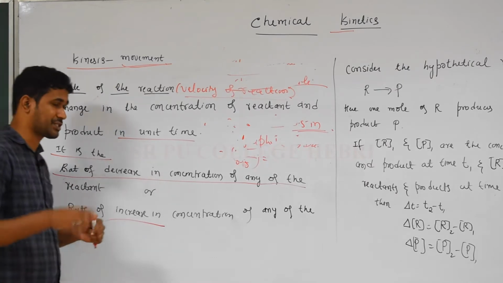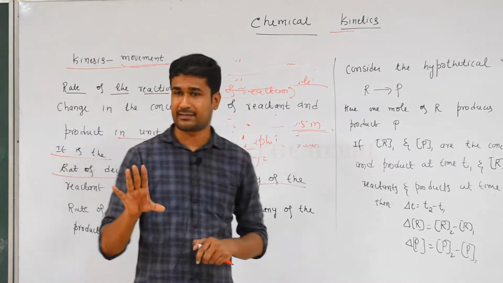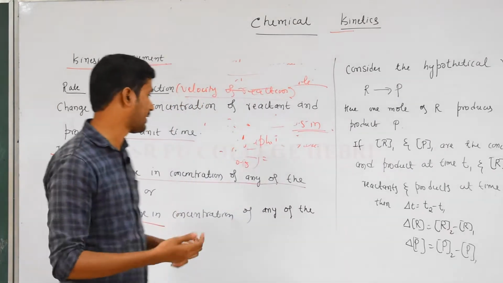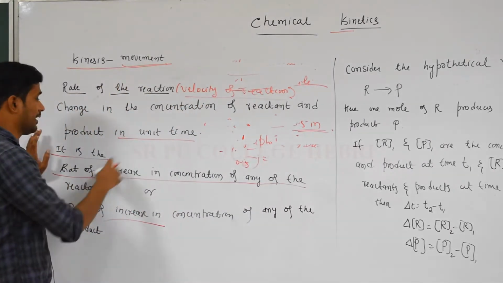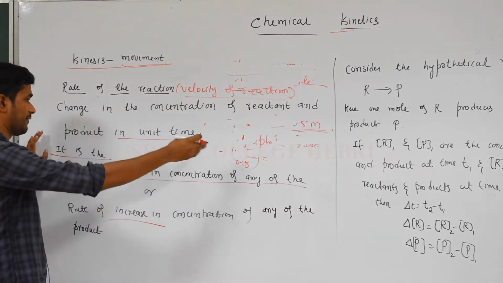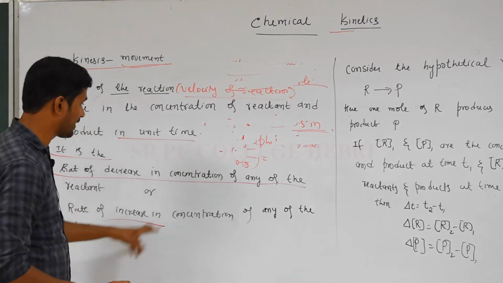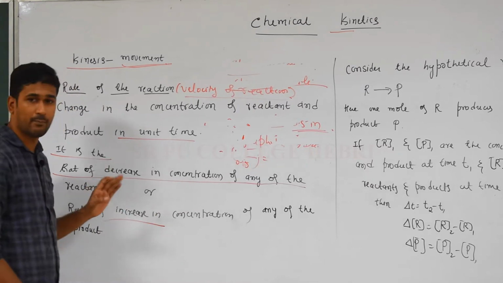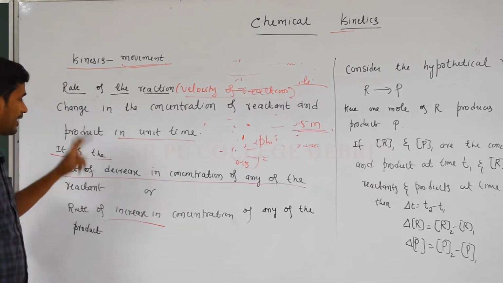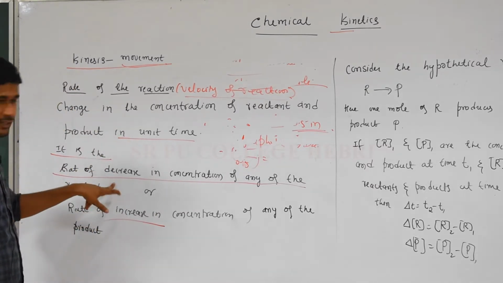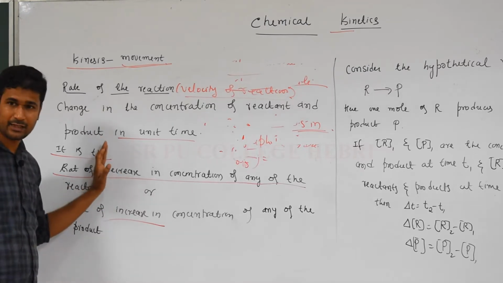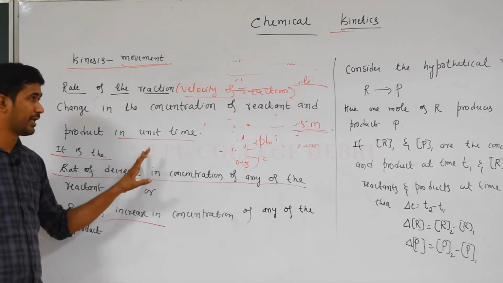When the concentration of reactant decreases, at the same time the concentration of product increases. So the rate can be defined with respect to reactant or with respect to product. Understood?